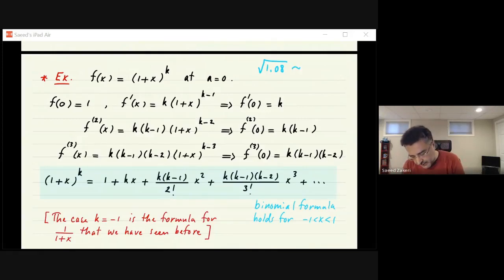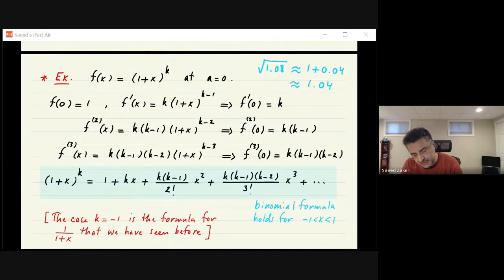So this is roughly 1 plus half of that thing, which is 0.04. So it's roughly 1.04. And that's the good approximation that you can quickly come up with without the intervention of a calculator. So that would be a typical quick type of estimate that you can make using this formula.